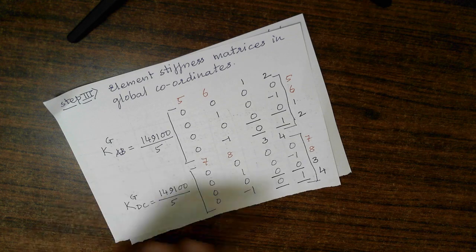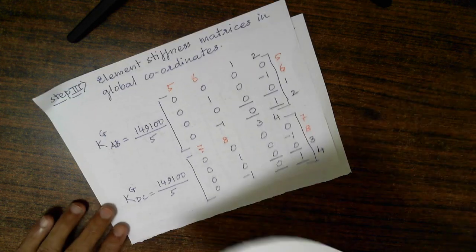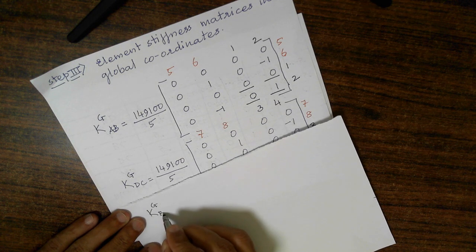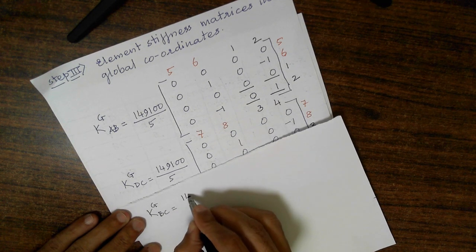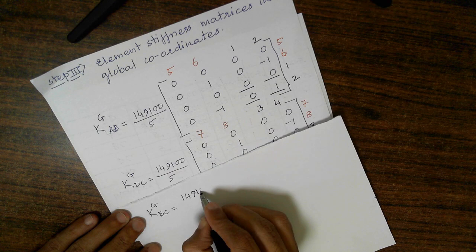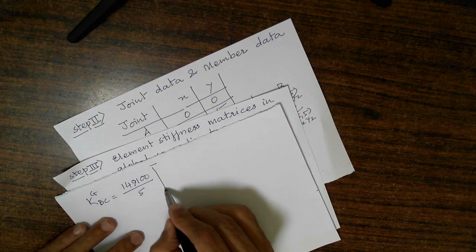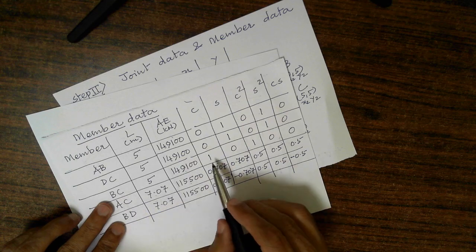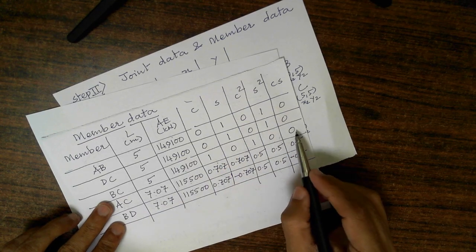Now next is K global BC. Again AE is the same, 149100, divided by length, which is also the same, length is 5. I will see the properties of BC. For BC, C square is 1, S square and CS are 0.